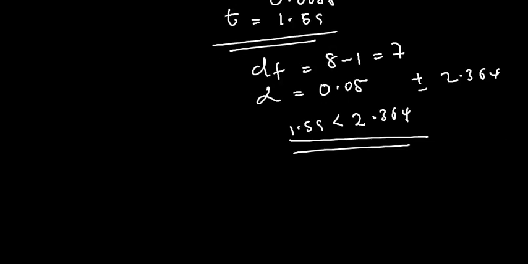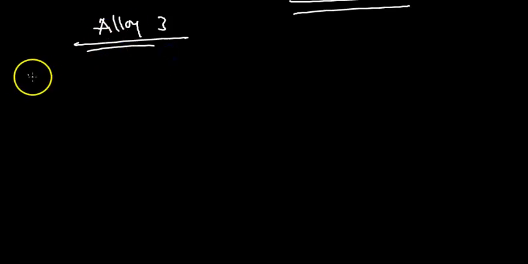The only thing we are left with at this point is the last one, which is alloy 3. Pay attention to this. In alloy 3, we have the mean, which is 1.505. And we have the mu, which is the certified value. If you check your table, you see it there, which is 1.493.